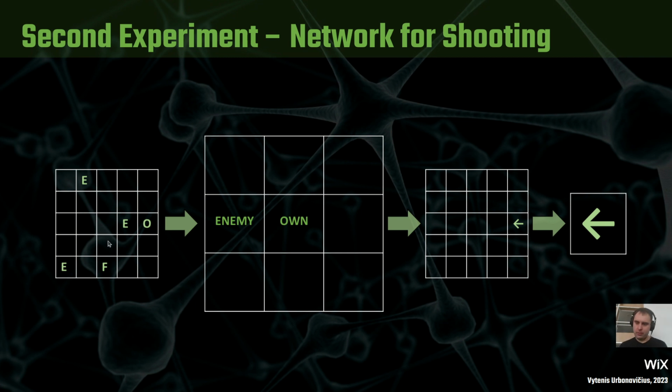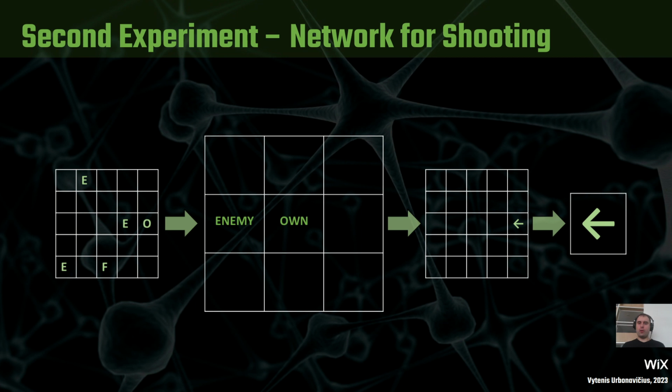And one filter could detect a situation where the enemy is on the left, another filter could potentially find a situation where the enemy is on the right, and in the filtered image it could highlight the cell if it matches the criteria. So this is how I imagined it could work.